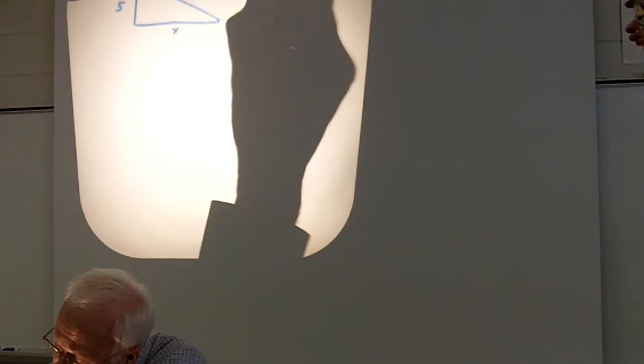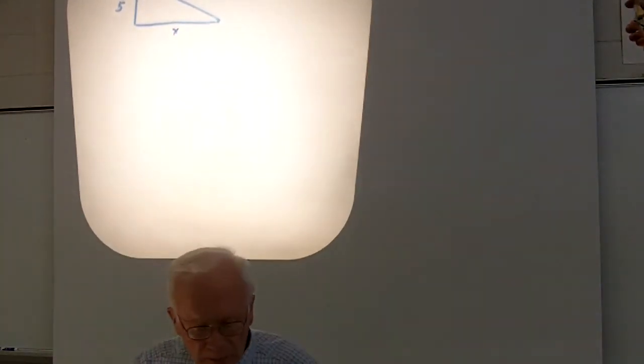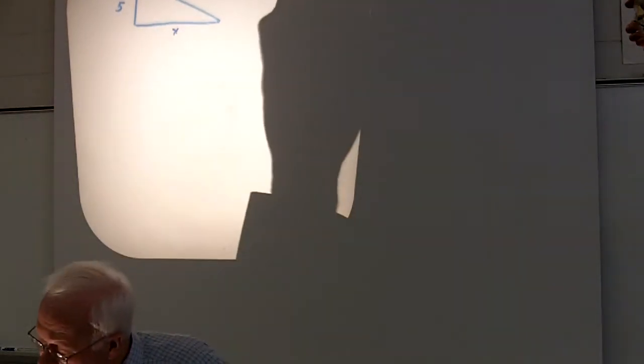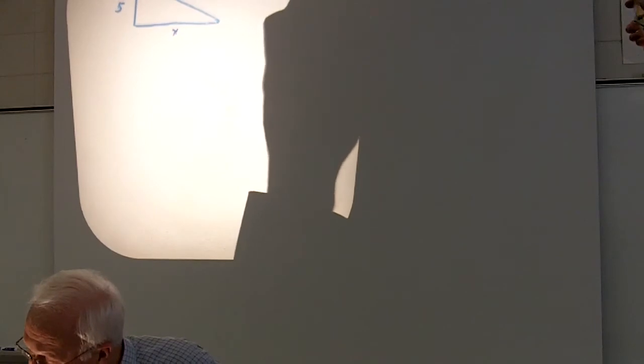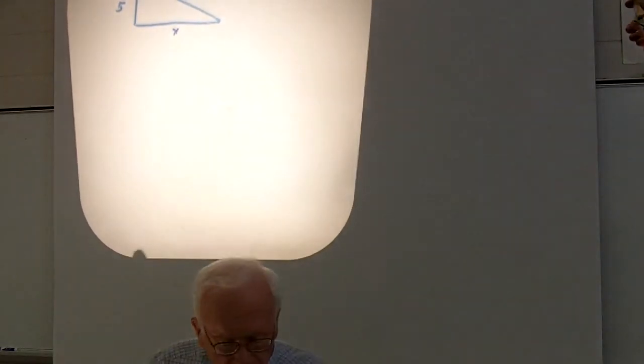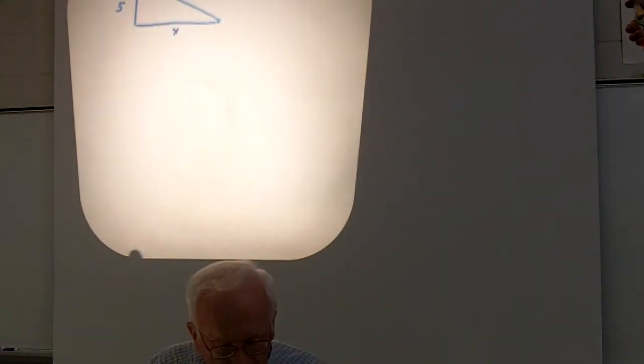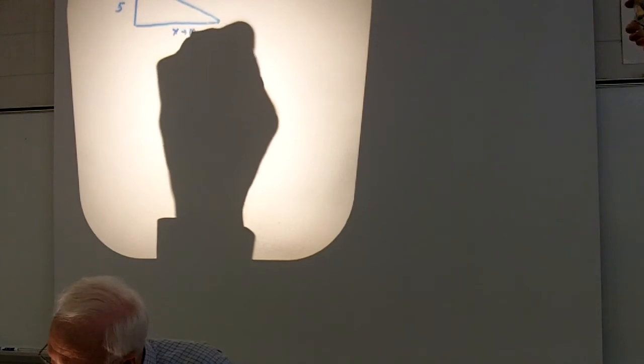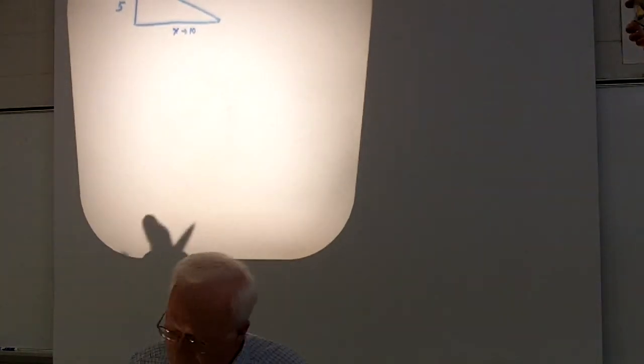Now, I do know what dW/dt is. What is that from the problem? 3 feet per second. Yep, that's going to be 3 feet per second. And how fast is the boat traveling when this is equal to 10 pretty soon? Okay? When we're 10 feet away.